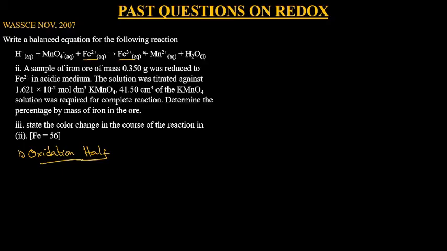Okay, it has lost 1 electron. So this is going to be our oxidation half. So we have Fe2+ being oxidized to Fe3+. That means that iron here has lost 1 electron. So it is balanced.